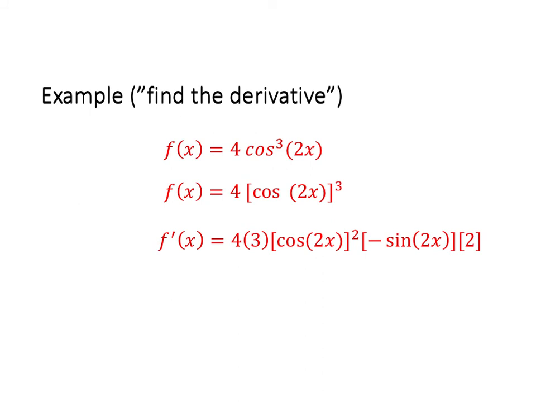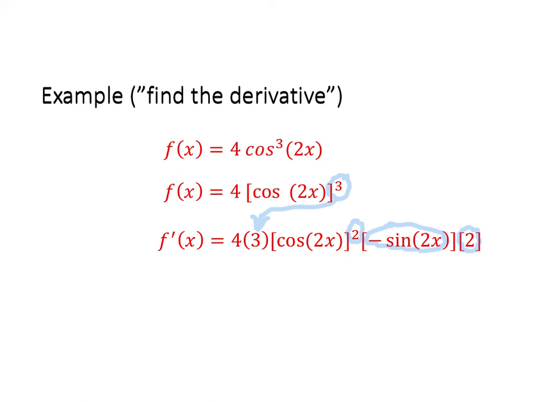So we're going to take the exponent, which is 3, bring it down here. So it's going to be 4 times 3. This raised to 1 less, so now instead of being 3, it's going to be 2, times the derivative of what's inside here. Well, the derivative of what's inside is minus sine 2x, but then we have to take the derivative of 2x, so that is 2.